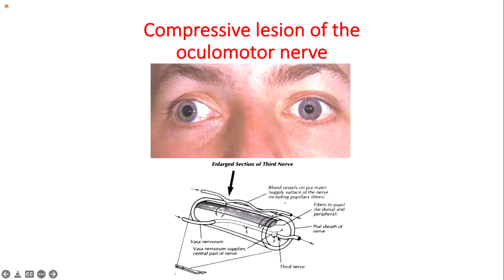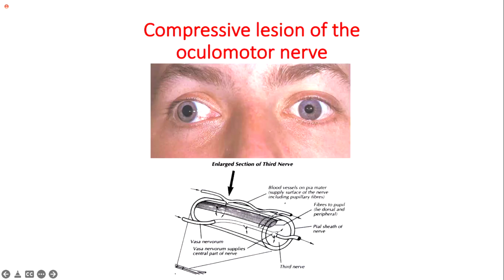Now if you look at the oculomotor nerve, these are the parasympathetic nerve fibers. The parasympathetic fibers are the fibers that constrict the pupil. They are on the surface of the third nerve. Now the blood supply to the third nerve is through the vasa nervorum, which goes through the middle of the third nerve.